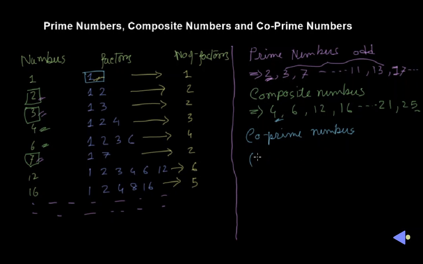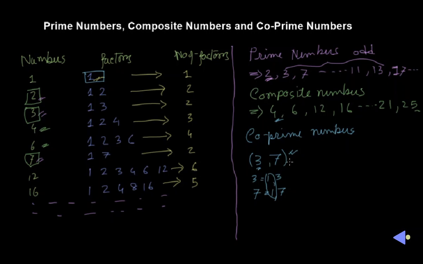All the prime numbers are co-prime to each other. 3 and 7 are prime numbers. 3 has factors 1 and 3, 7 has 1 and 7. So only 1 is the common factor. In that case, that pair is said to be co-prime numbers.